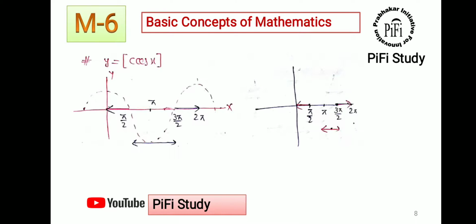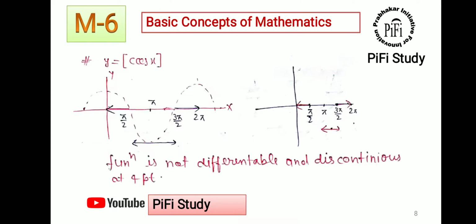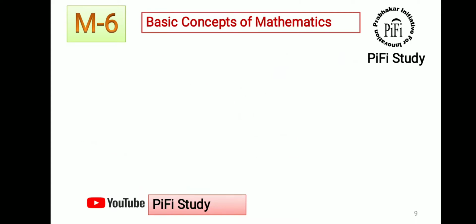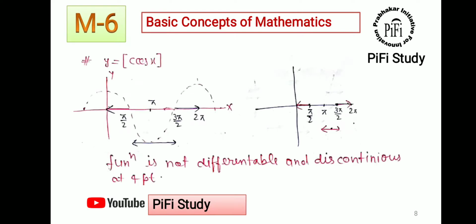From pi by 2 to 3 pi by 2 its value is minus 1 and on the other side it is 0. If you are asked about differentiability and continuity of this function, this function is discontinuous and not differentiable at any point for the range 0 to 2 pi.